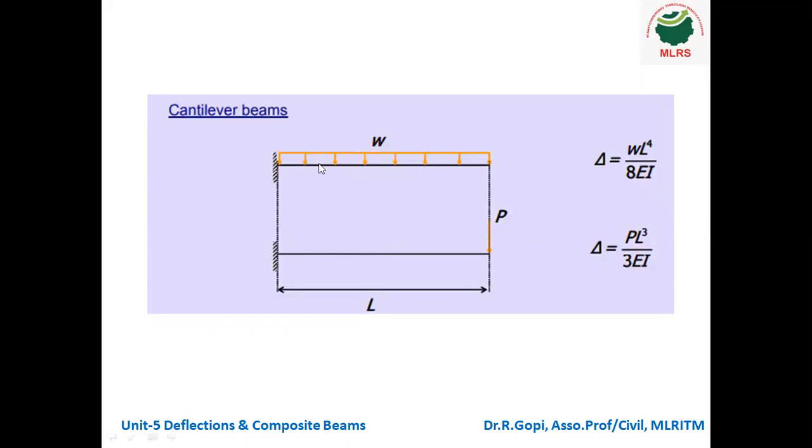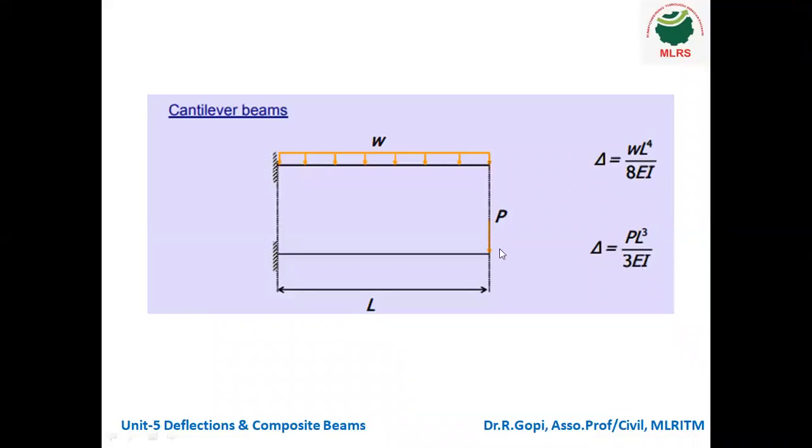In case of a cantilever beam carrying UDL, delta is equal to WL power 4 divided by 8 EI. The formula is WL power 4 divided by 8 EI. If the beam carries a point load at the free end, the deflection is equal to PL cube divided by 3EI.